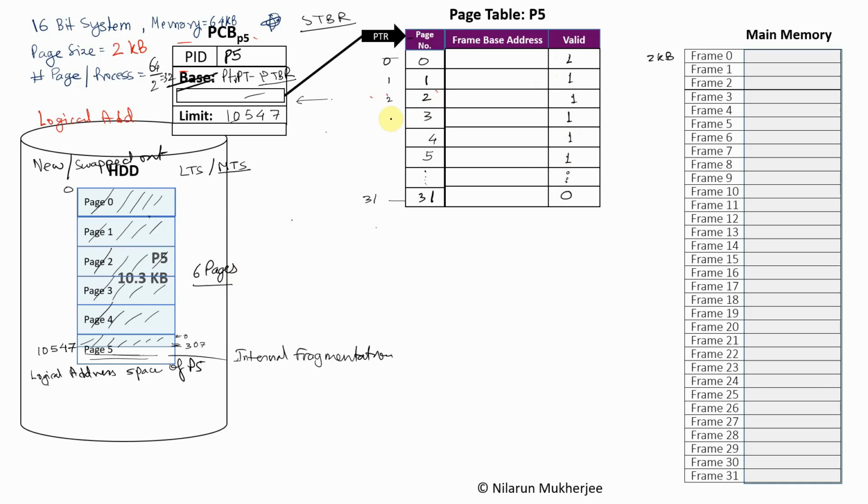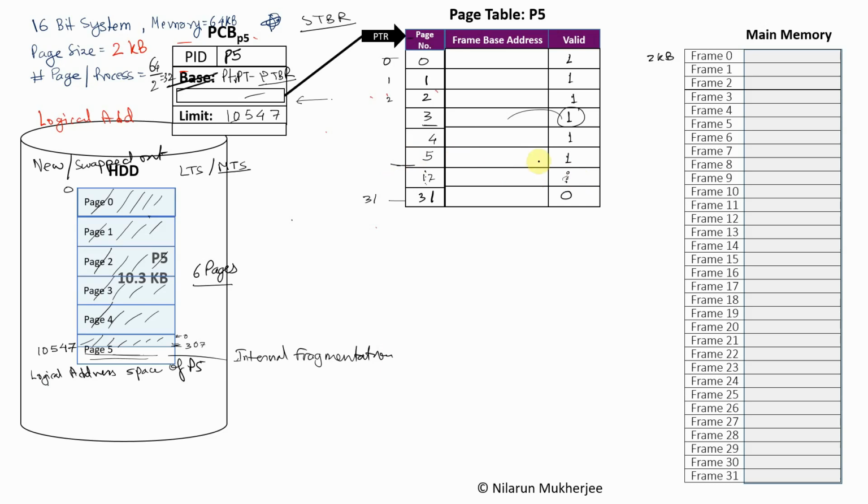That is, if the process generates a page number 3, if the valid bit is 1, then the address translation will happen. If the process generates something like 17, it will find there is 0, so address translation will not happen. It will generate an illegal address trap.